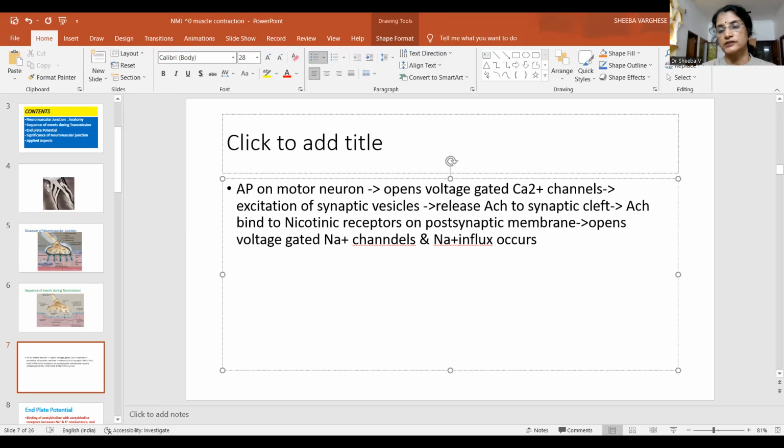Thus, the action potential from the presynaptic terminal reaches the postsynaptic muscle.